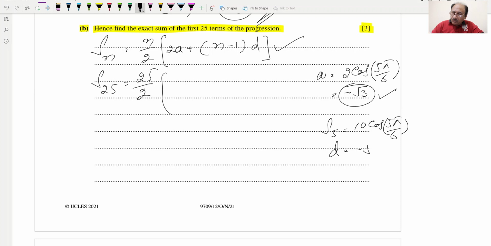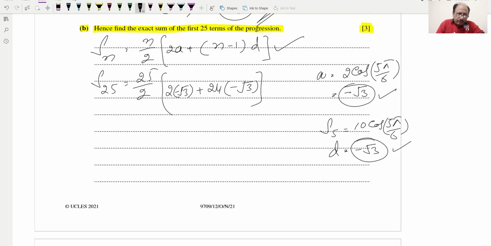D value will also be minus root 3, and these two values we will be using over here. So it will be 2 minus root 3 and plus this will be 25 minus 1, which will be 24. So we can write 24, and d value will be minus root 3, and this bracket will be closed.